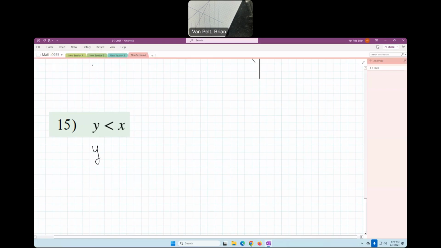So I would rewrite this as y equals 1 times x plus 0. This way you can see the y-intercept. Do you guys all agree that this is the same thing? You can see the y-intercept and the slope. This is the most basic type of a line there is.